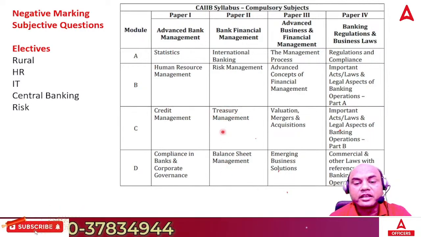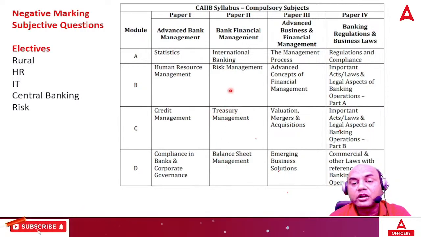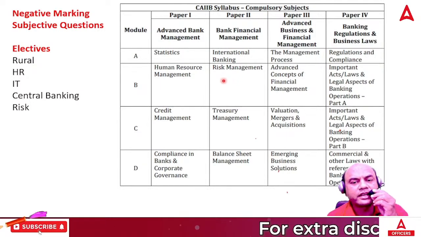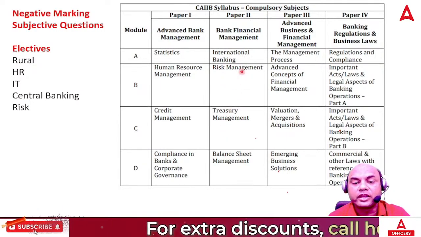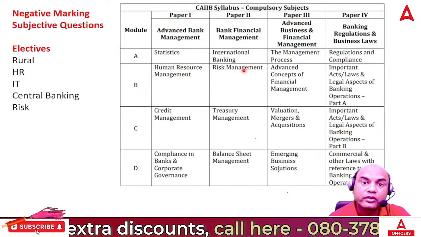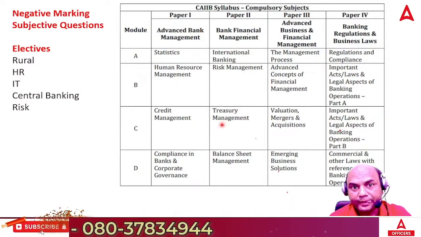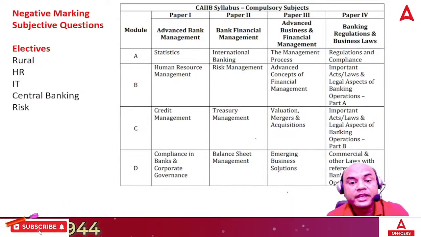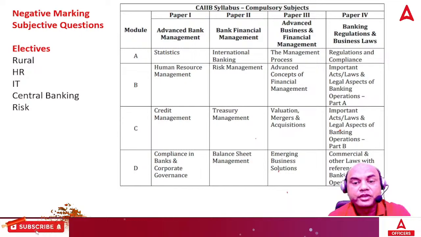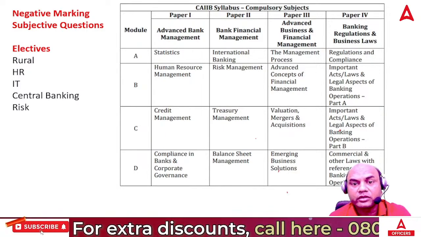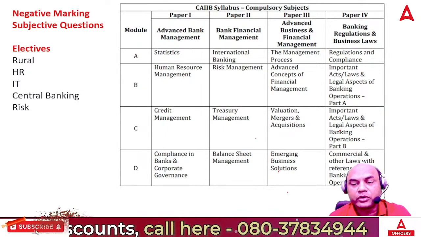C and D, I will tell you, are dependent on B. Get it very clear. If you understand B very thoroughly, then C and D become easy for you. So focus very properly on your module A and module B.